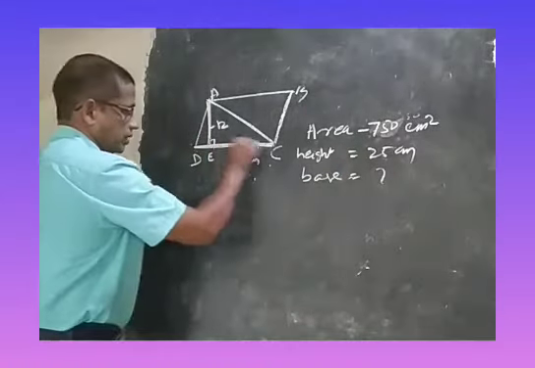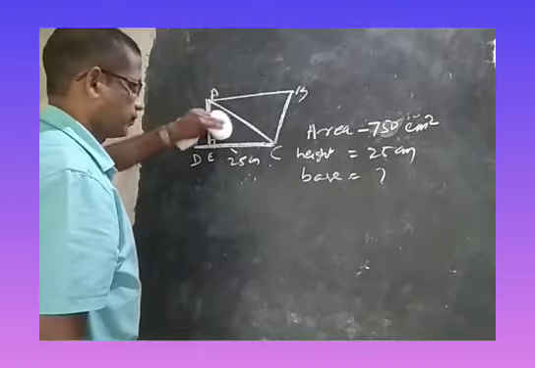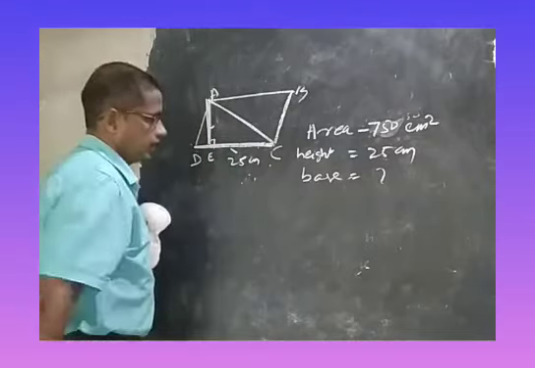Here CD is the base and AE is the height in the ABCD parallelogram.